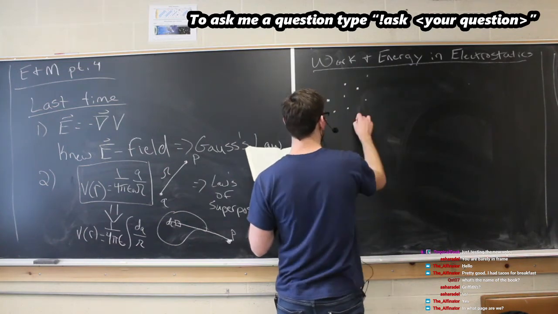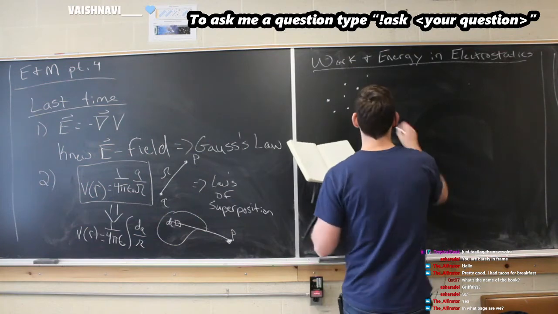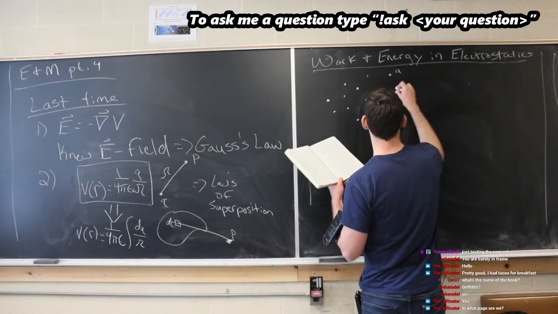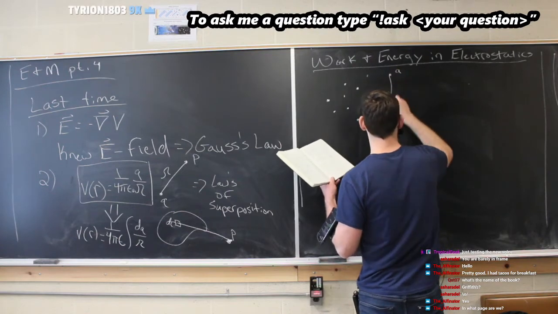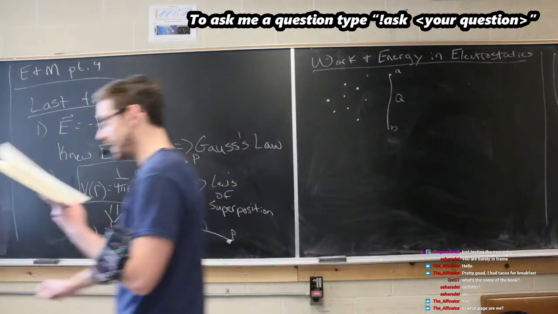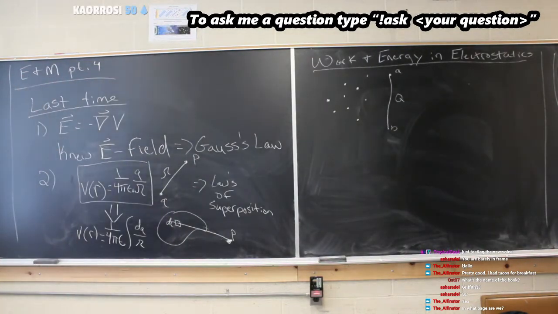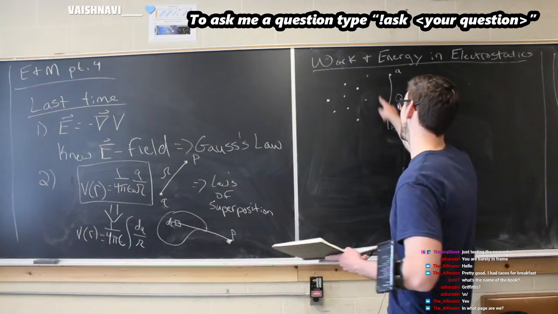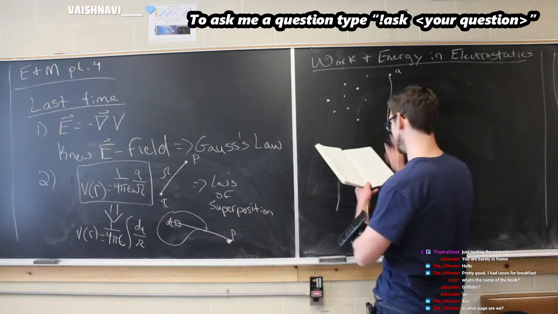Okay, so if we have a bunch of charges, and I want to take a charge right here and move it from point A to point B, so I'm going to take a charge and move it down here, we want to know what work is required for that motion. Now I can talk about the forces, right? Laws of superposition and everything. The force on this particle, we just add up the forces of each individual one.